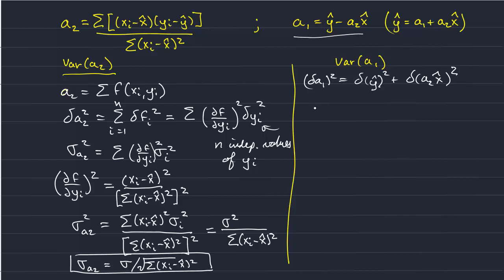Or in other words, the variance of A1, sigma A1 squared, is equal to the variance of y hat plus the variance of A2 times the mean value of x squared.